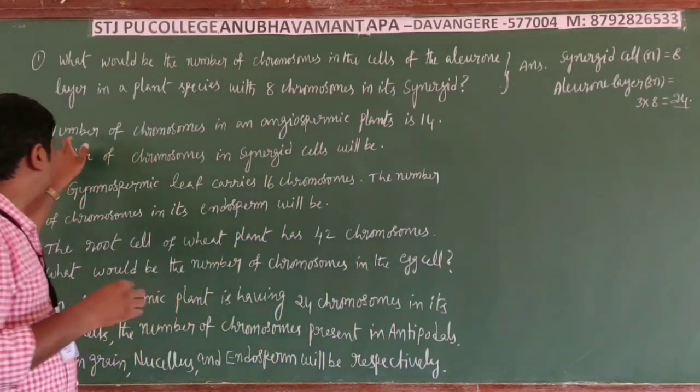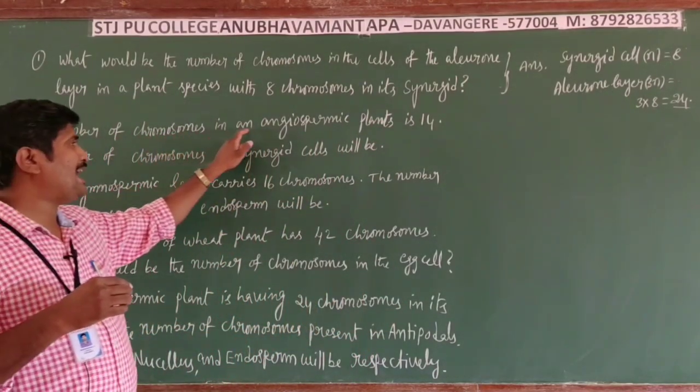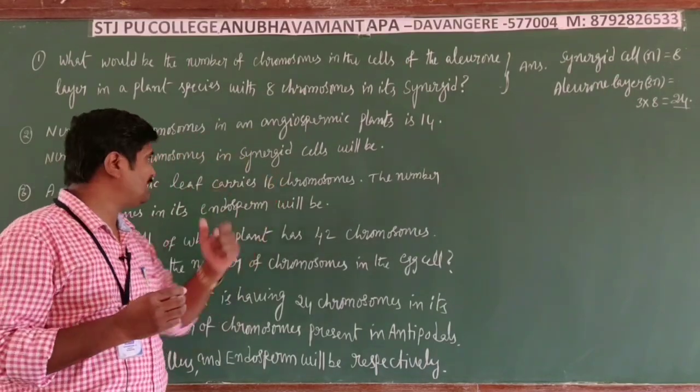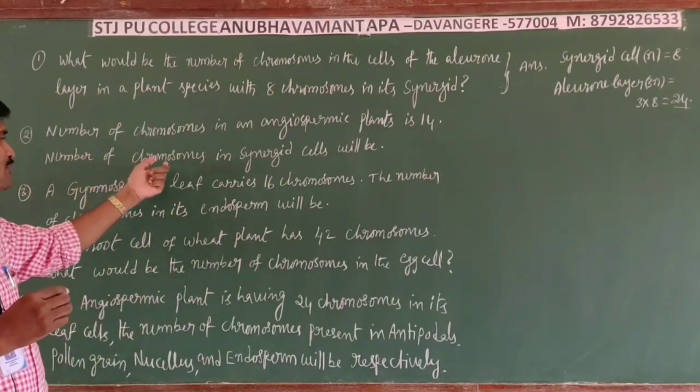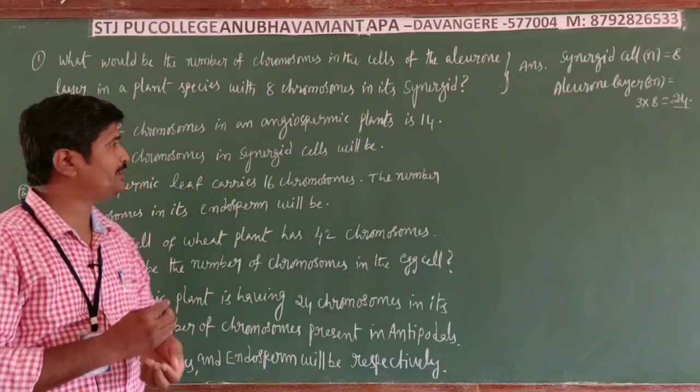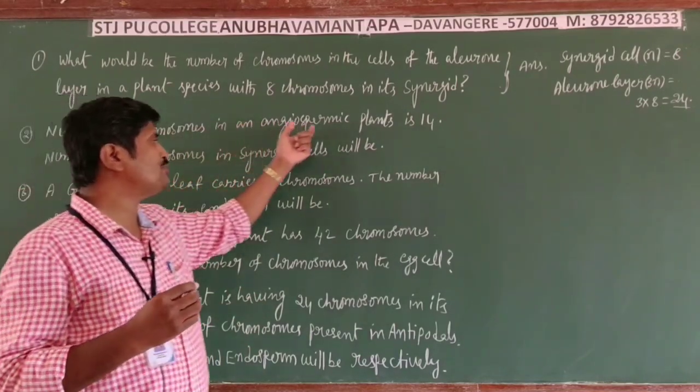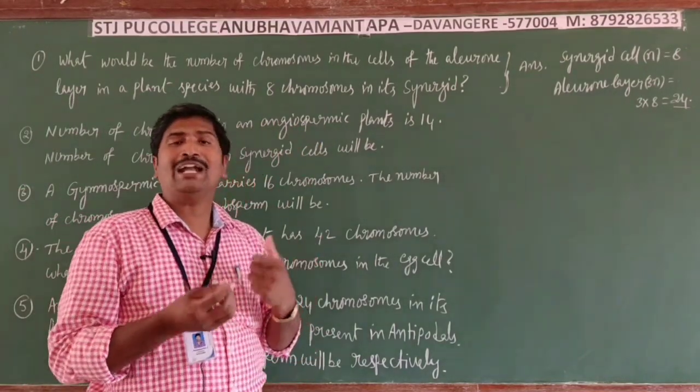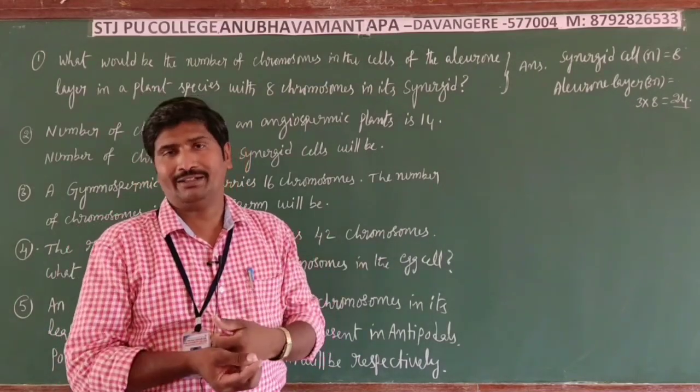Next one: the number of chromosomes in an angiospermic plant is 14. The number of chromosomes in synergid cells will be? See here, what is the angiospermic plant? The main plant body in angiosperm is a sporophyte.